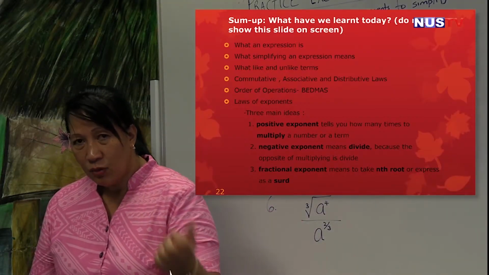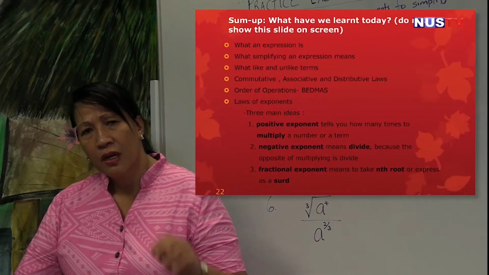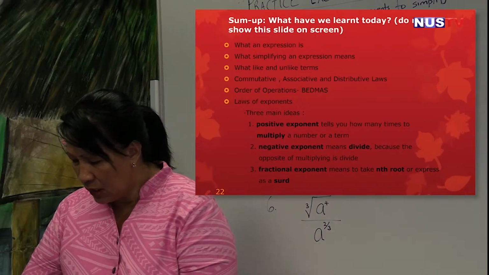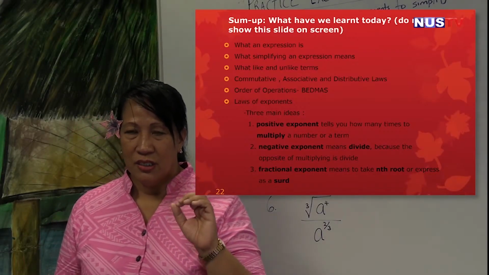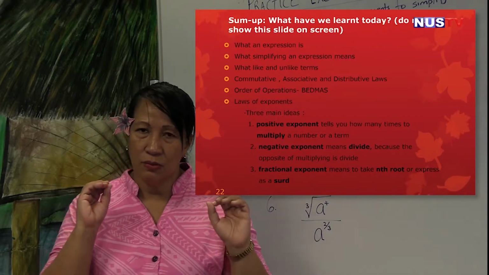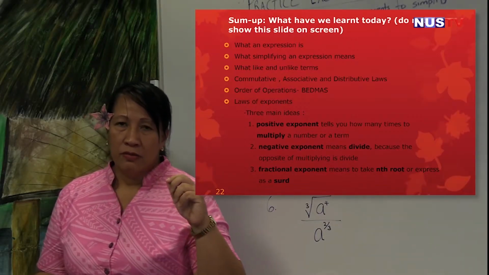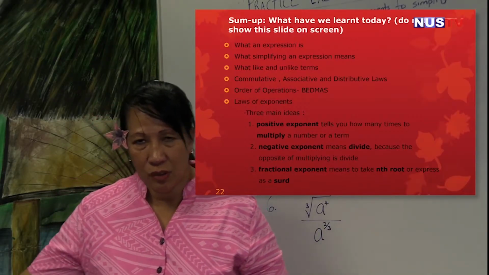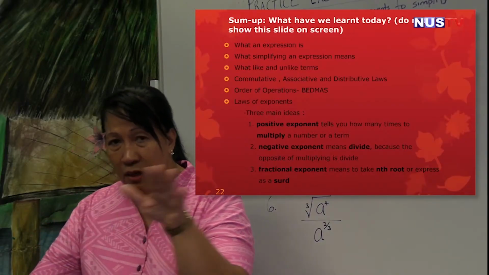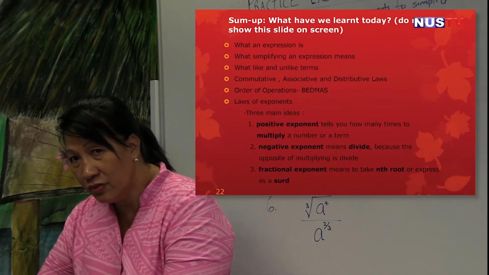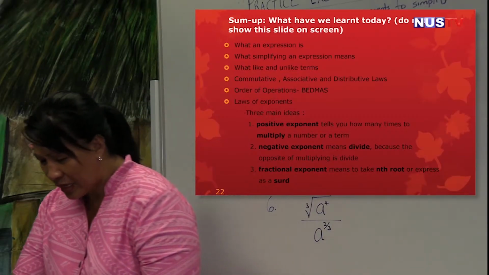The second idea I want you to take away from today's lesson is this: negative exponent means divide. Associate negative exponent with division, because division is the opposite of multiplication. So positive exponent, multiplication. Negative exponent, division. You get the connection?